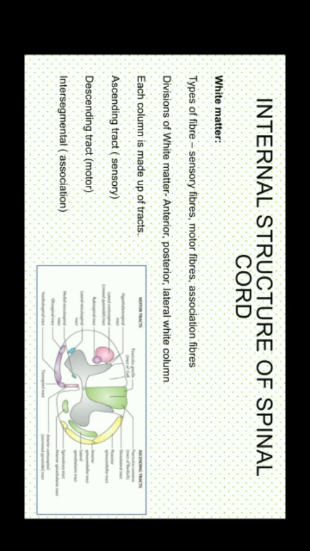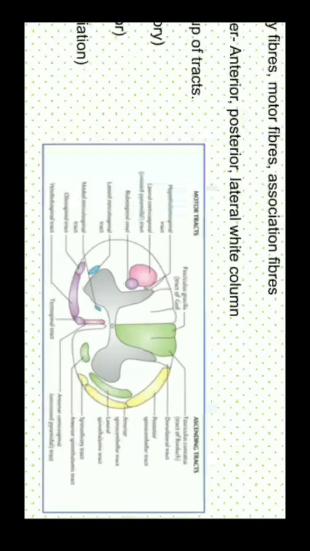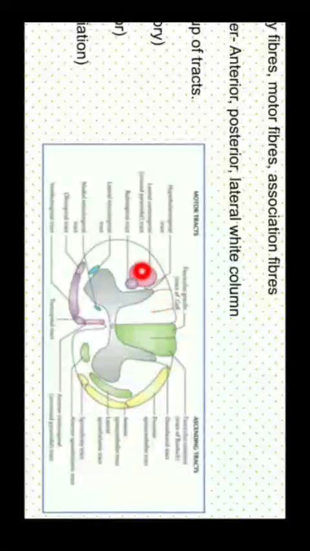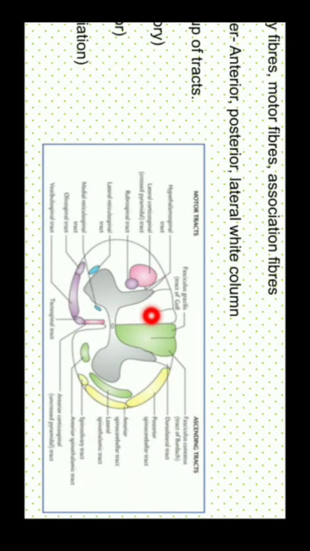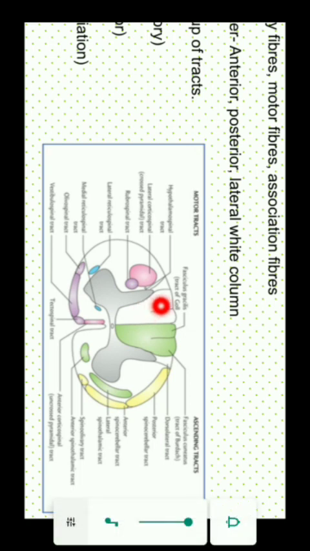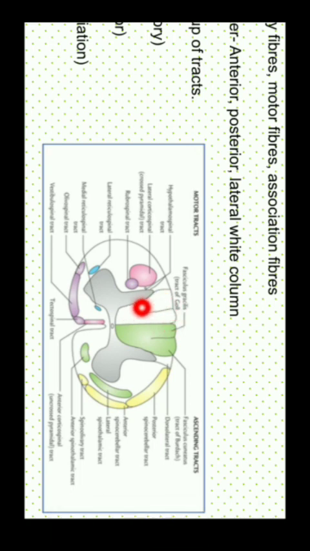Now let us come to the white matter. This white matter is the one which encircles the gray matter. The surrounding structure here is the white matter. It is divided into three columns: anterior, lateral and posterior white column.